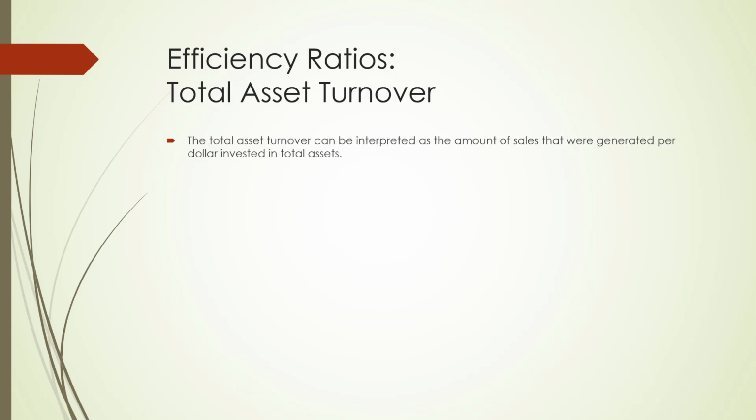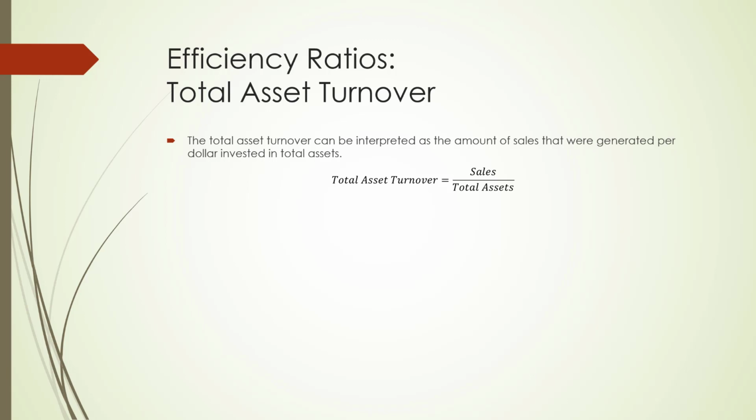And finally, we have total asset turnover. This takes all of your assets, not just current or not just fixed, but all of your assets, and compares it to sales. So this is sales divided by total assets. Now, as I mentioned, you can use these ratios together. For example, imagine that a firm has a total asset turnover ratio that's lower than you think it should be.